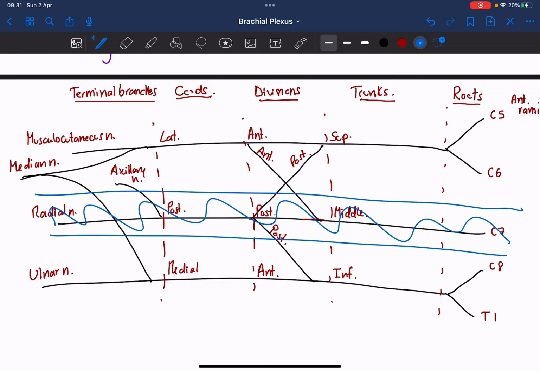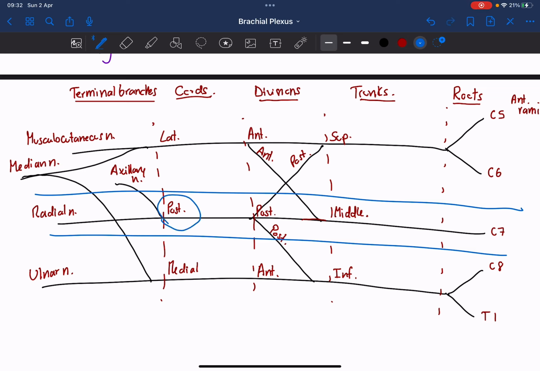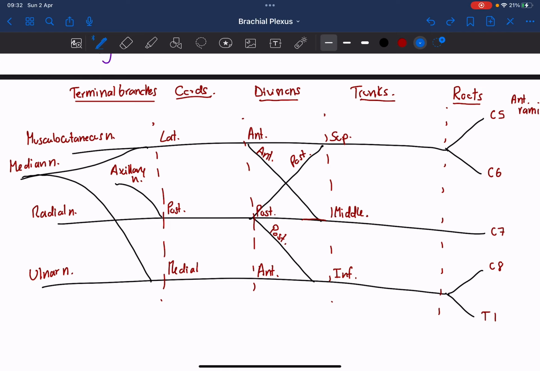You can see that this cord runs lateral to the axillary artery, hence why it's called the lateral cord. Then we can look at the medial cord. It's named the medial cord because it runs medial to the axillary artery. And finally we have the posterior cord just underneath it, hence why it's called the posterior cord. So remember that the cords are named because of the relation that they have to the axillary artery.